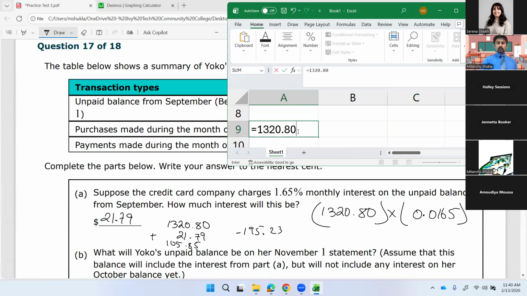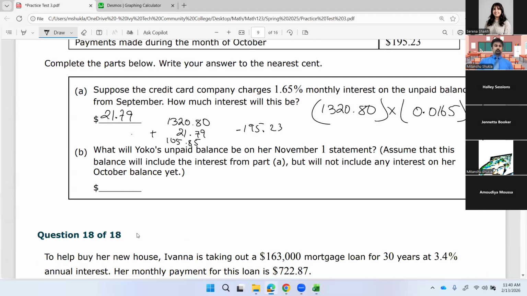Okay. So when I do all of that, 1320.80 plus 21.79 plus 105.85 minus 195.23, I get 1253.21. That is going to be the balance on November 1st.